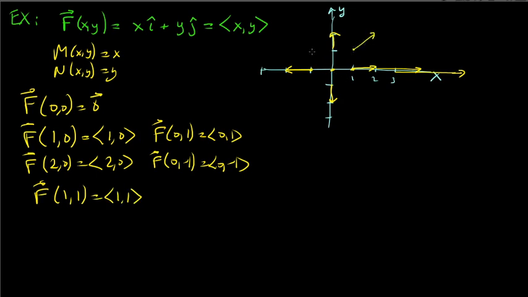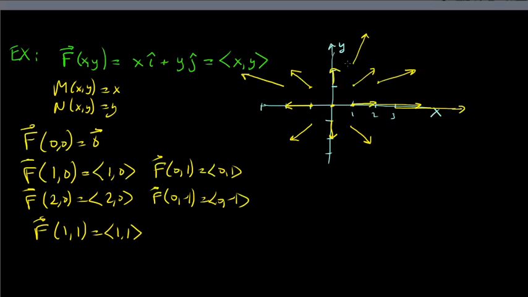Negative 1, 1 points this way, 1, negative 1 points this way, and negative 1, negative 1 points this way. So at each point, you get a vector that essentially points outward in that direction. It's not quite right, but you get the idea.